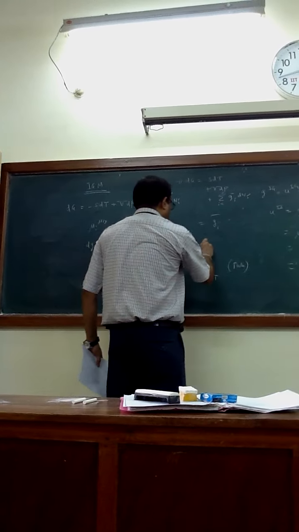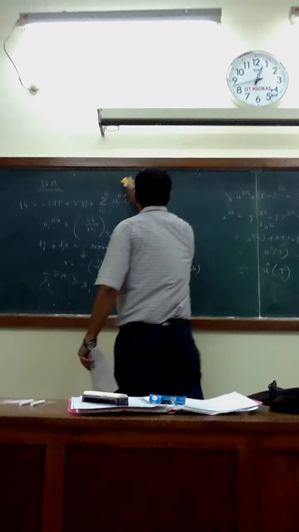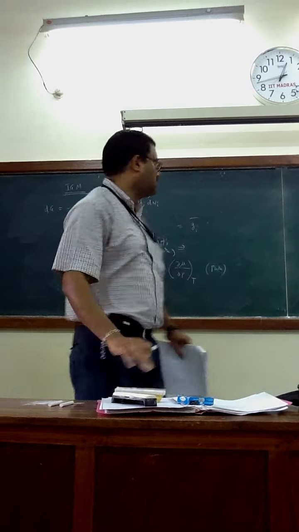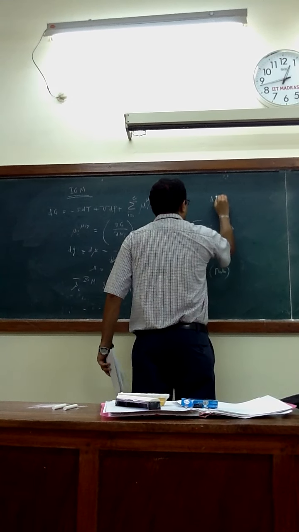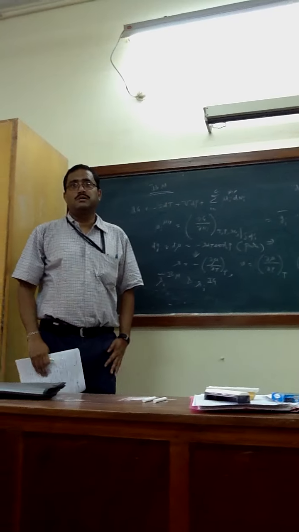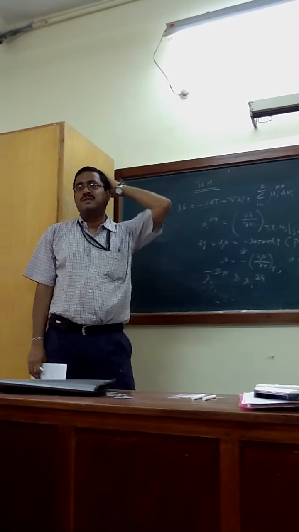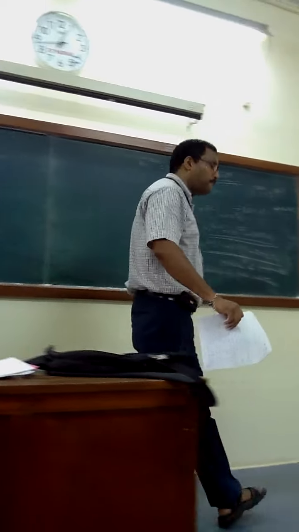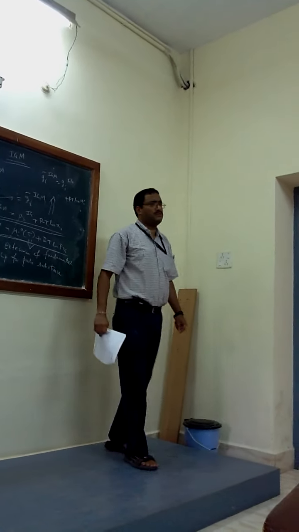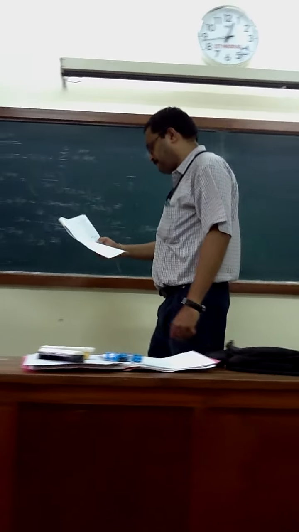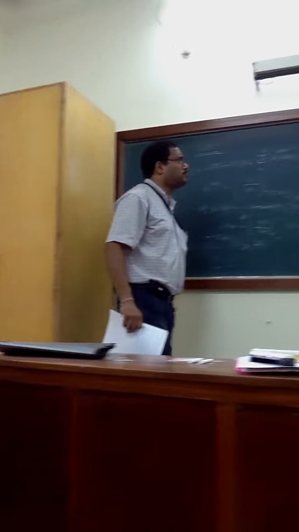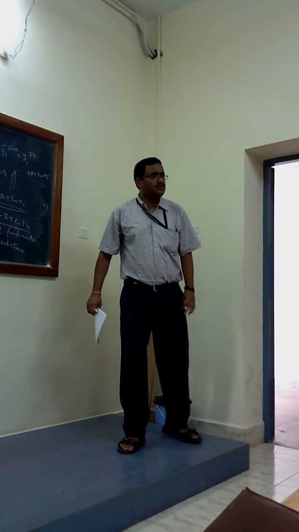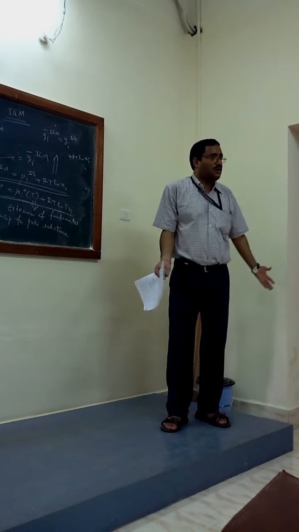For the multi-component substance, the relationship d mu equals to, who will tell me? My God, simple thing, combine first and second law, that thing you are not able to tell me.